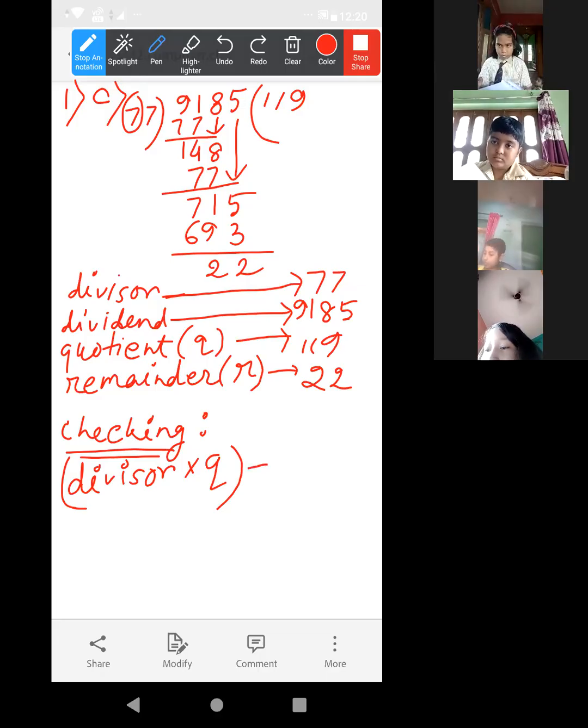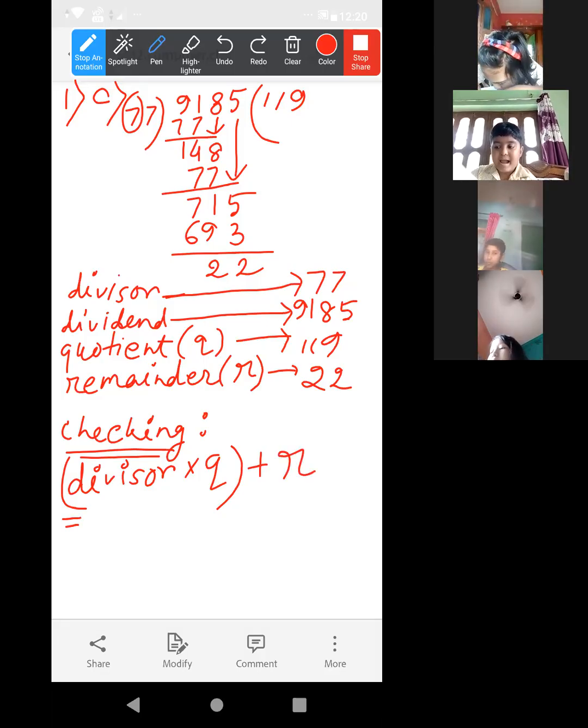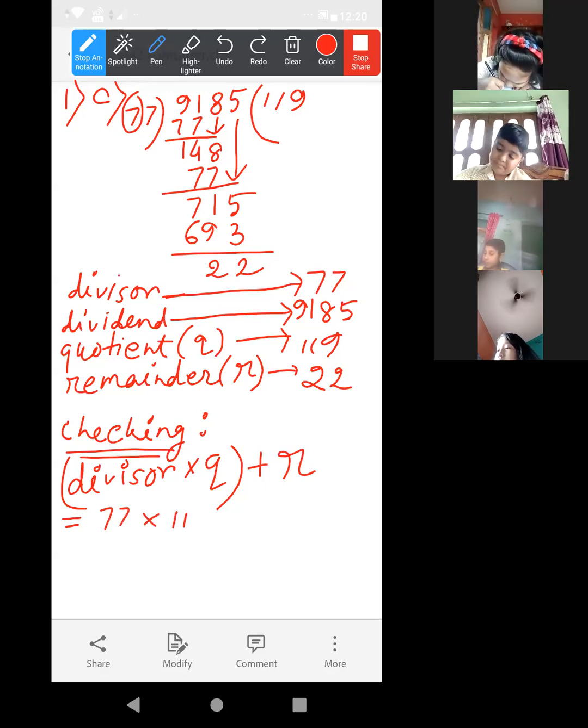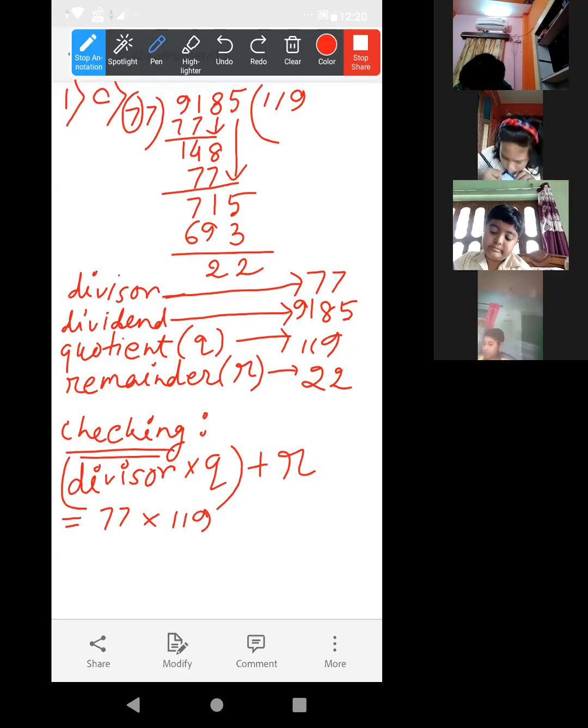R means the remainder. Is equal to, find. Divisor means 77, quotient means 119, remainder means 22. Now multiply this 77 and 119.